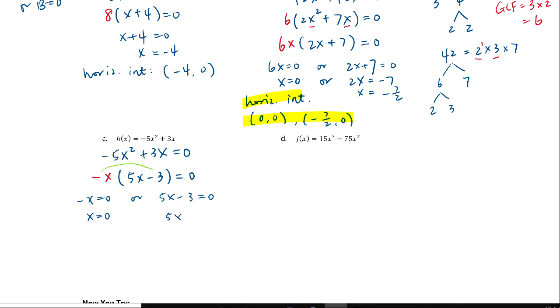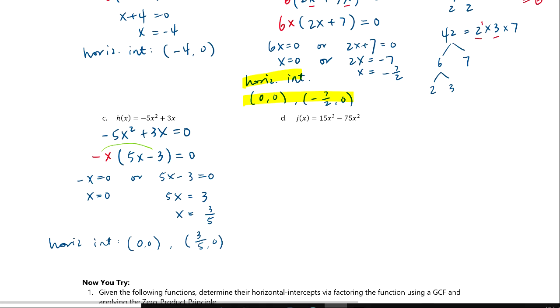Or we can have 5x is equal to 3, and therefore x is equal to 3/5 as a result. So we really get the horizontal intercepts being (0, 0) and (3/5, 0). And these are the intercepts we get.